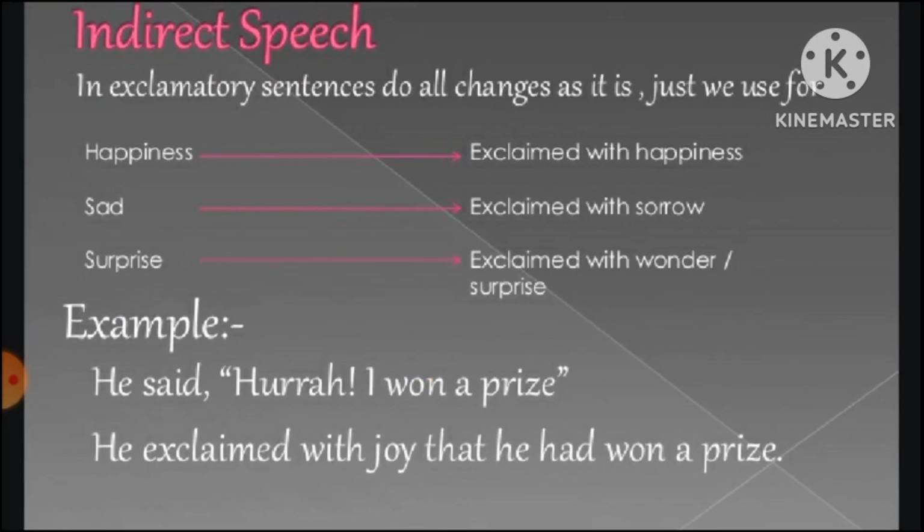You can see one example, and example is, he said, "Hurrah, I won a prize." This is the sentence written in direct speech, and whatever part is in inverted comma, that is exclamatory sentence.